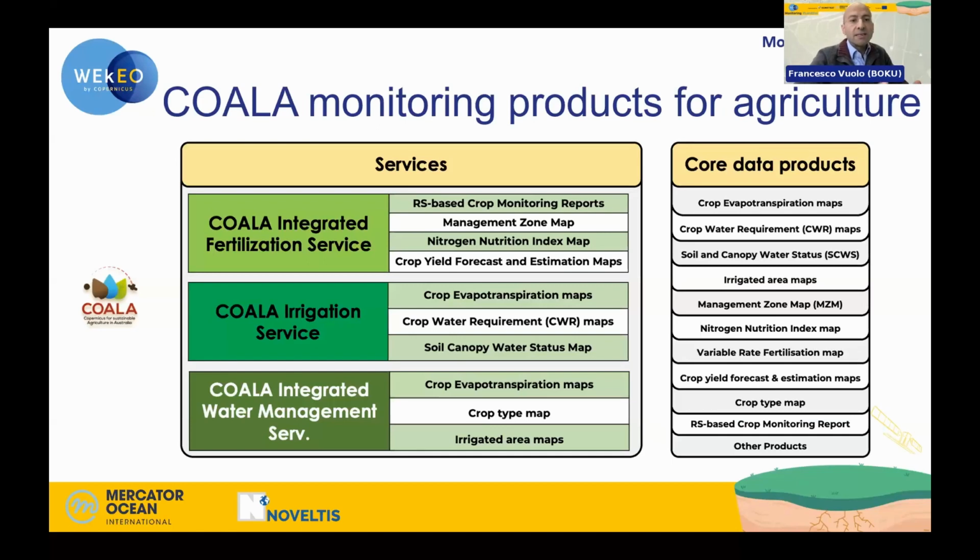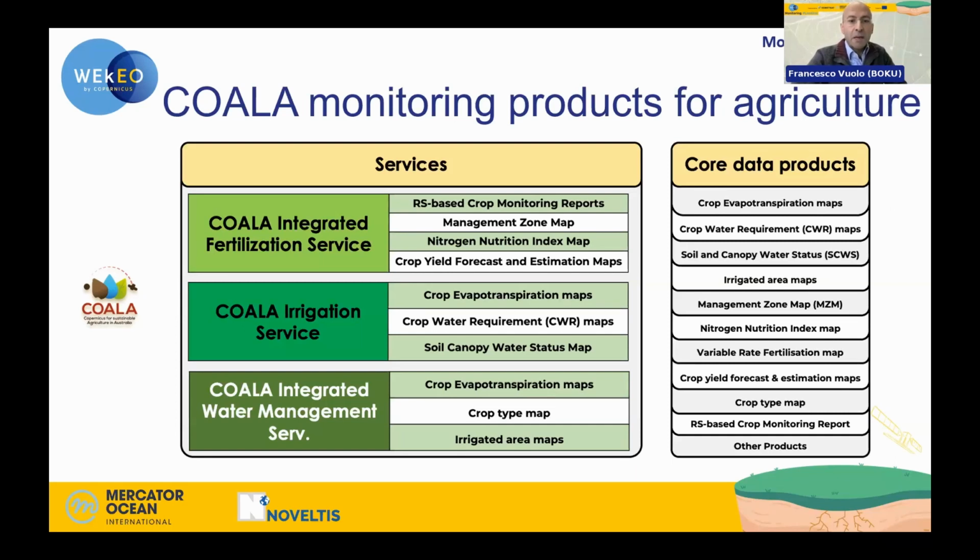So you can use satellite observations to study this variability, and then you distribute the amount of fertilizer based on this variability. This is in precision agriculture called management zone map and variable rate nitrogen fertilization.